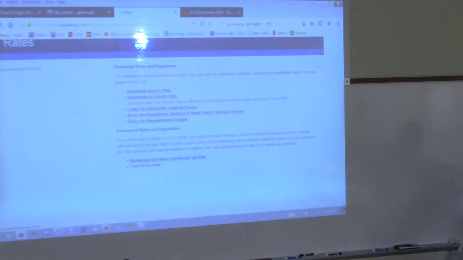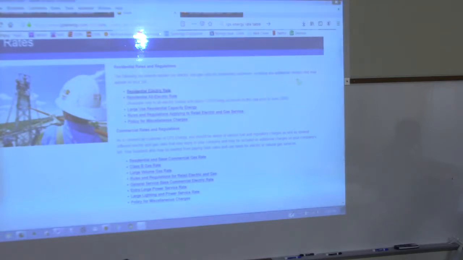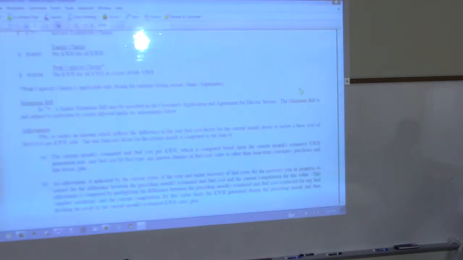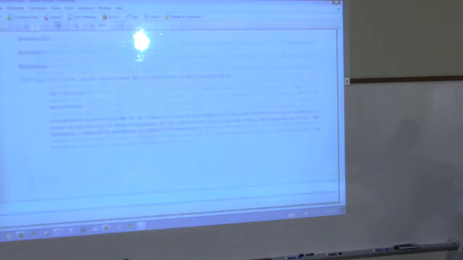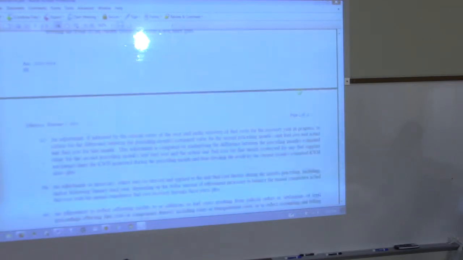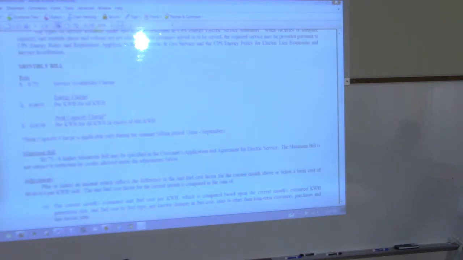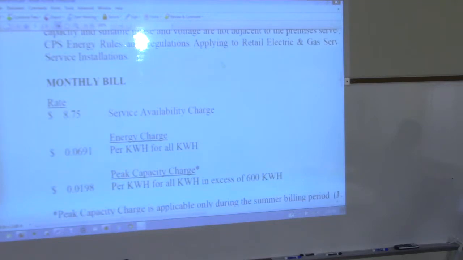Residential electricity rate. Oh, it's downloading a file. Man, you would think they would have it in a simple table, but they don't. Okay, that looks like it right there. Let me zoom in on this for us.